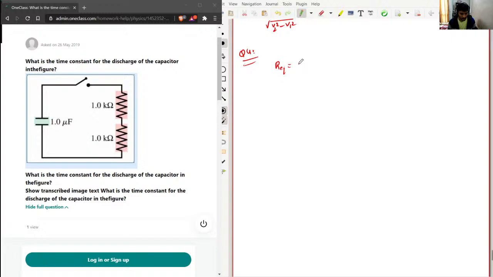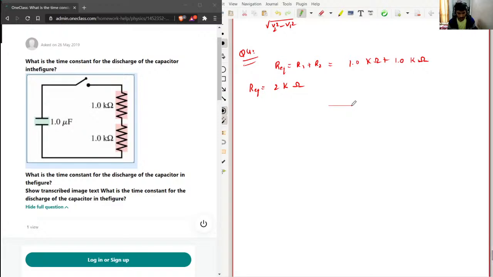So for this I can write R equivalent will be R1 plus R2, that will be 1.0 kilo ohm plus 1.0 kilo ohms. So R equivalent will be 2 kilo ohms, and I can draw this circuit.